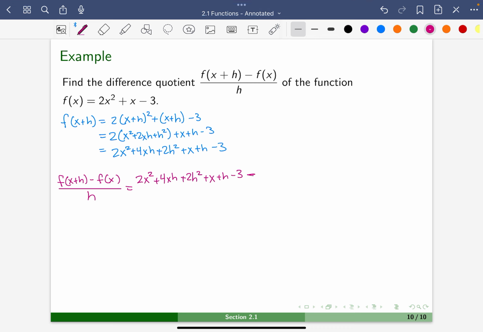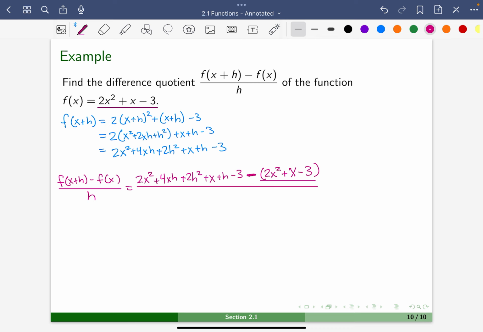From that, we are subtracting f of x. F of x is defined as 2x squared plus x minus 3. Remember, we are subtracting the entirety of f of x, so I put it in parentheses to make sure that that minus is going to get distributed to each one of those pieces.